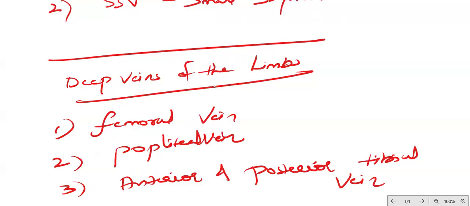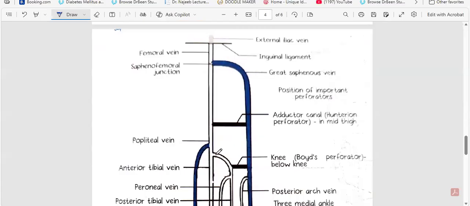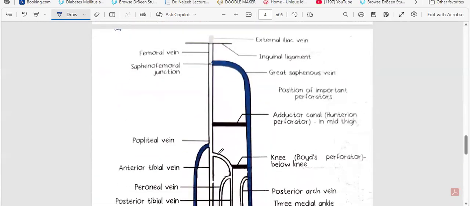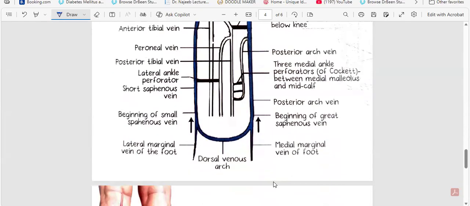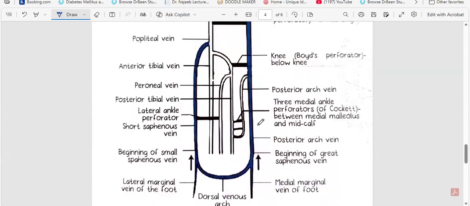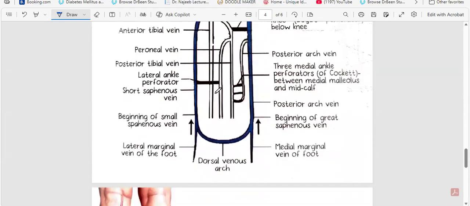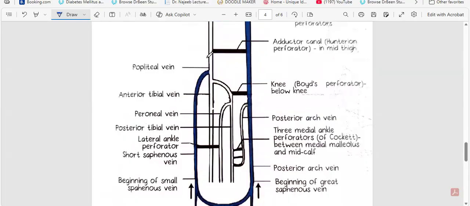We have femoral artery, popliteal artery, anterior and posterior tibial artery. So they are going along with the veins. You can see this is the arch. Here goes the great saphenous vein. This is the small saphenous vein. You can see this is the deeper vein.